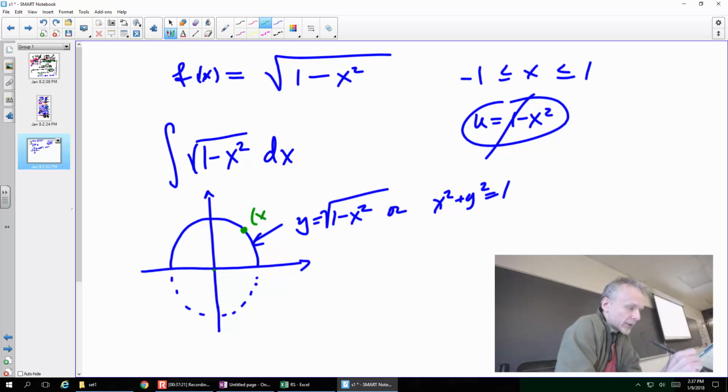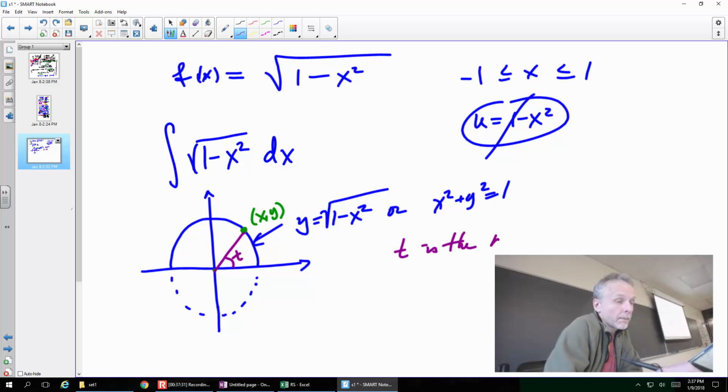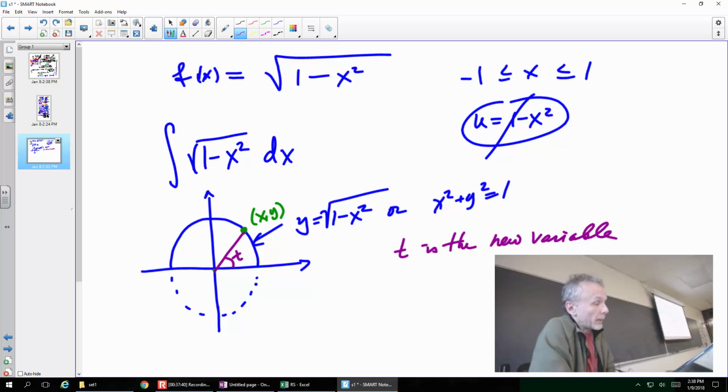So if this point is xy, okay, this is the new variable. t is the new variable. Remember that we are trying to express x in terms of a new variable. Over there we expressed u, the new variable, in terms of the old variable x, and that was the formula that didn't work out.